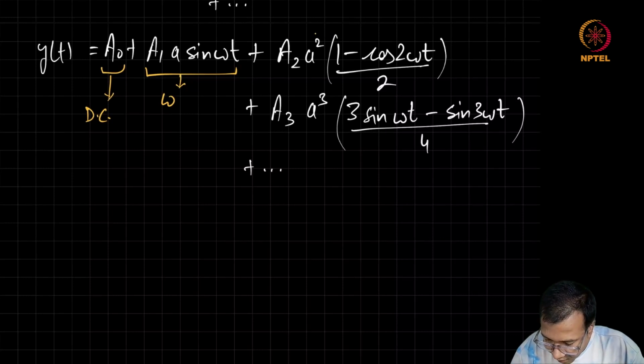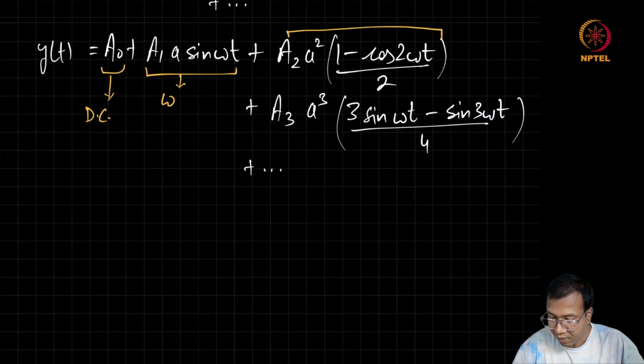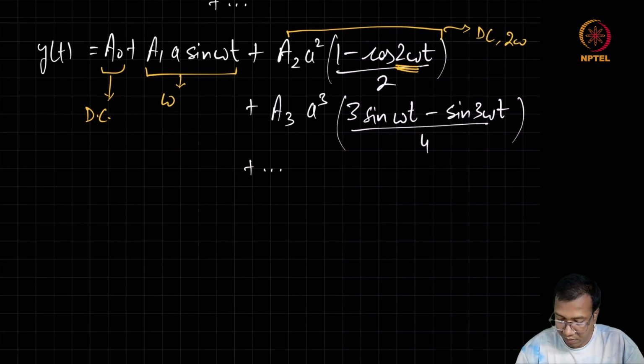Whereas the quadratic term is giving a DC term as well as a term which is at the second harmonic. Okay, this is at a frequency 2 omega. So here we get DC as well as 2 omega.